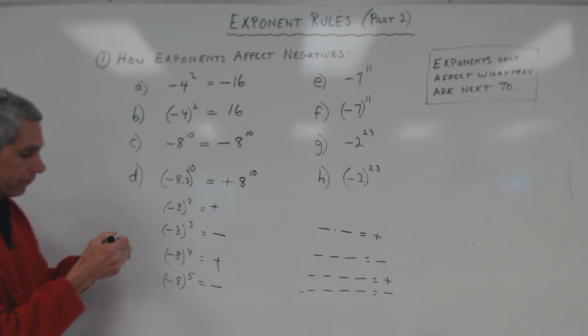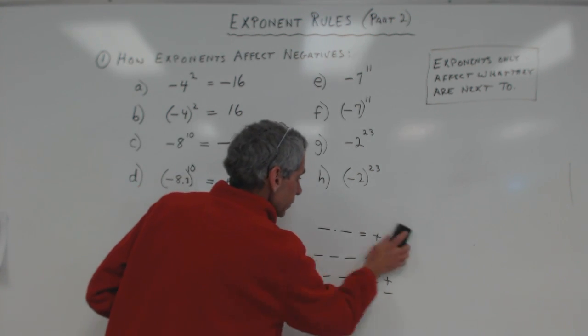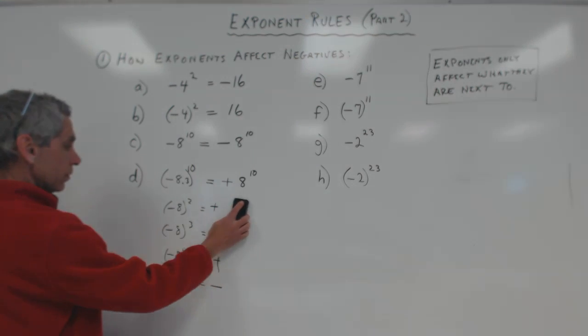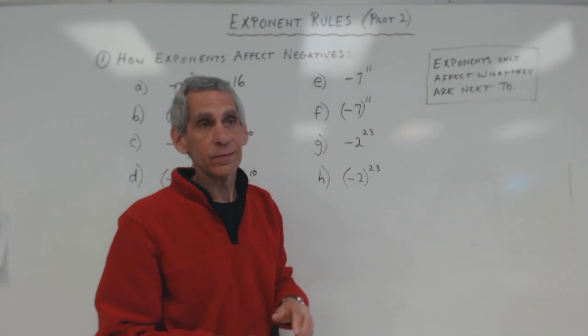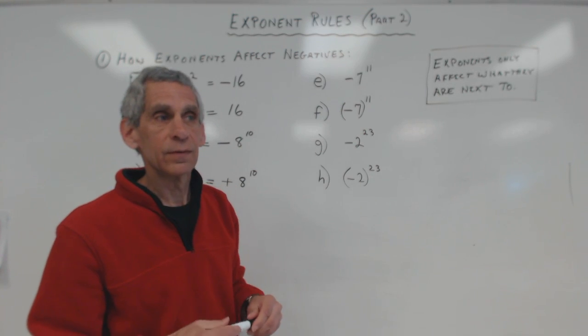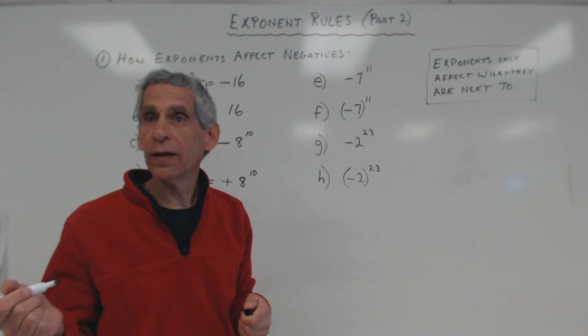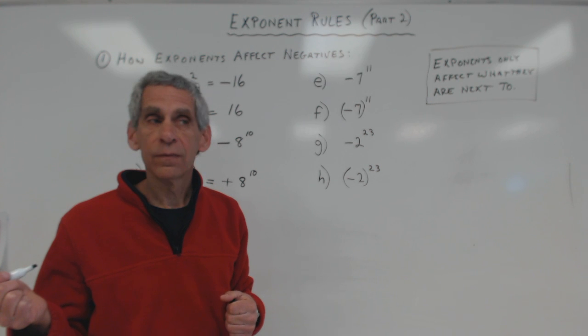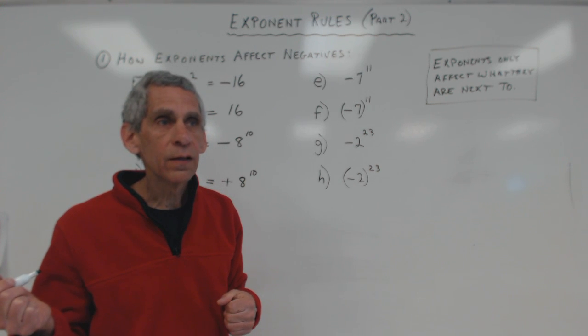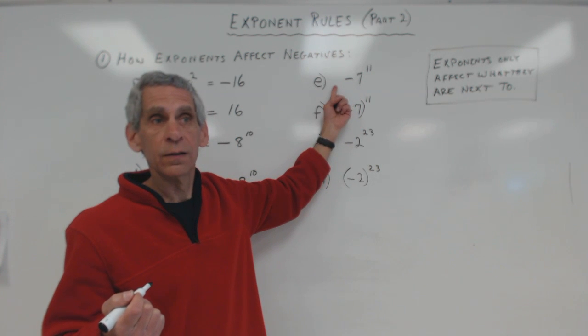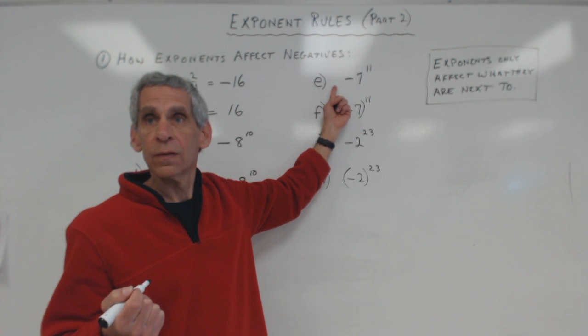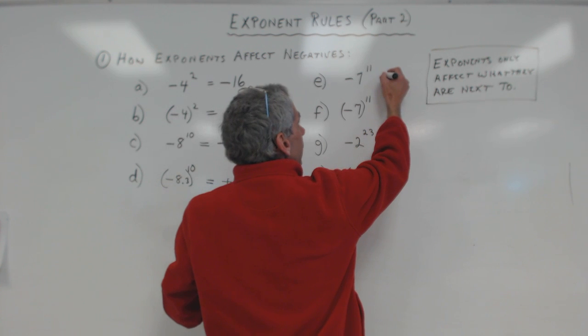Okay. All right. So I'm going to erase this mess so that it doesn't confuse people. Now let's look at this one. What's the answer to number E? Does the exponent affect the negative sign? No, it doesn't.